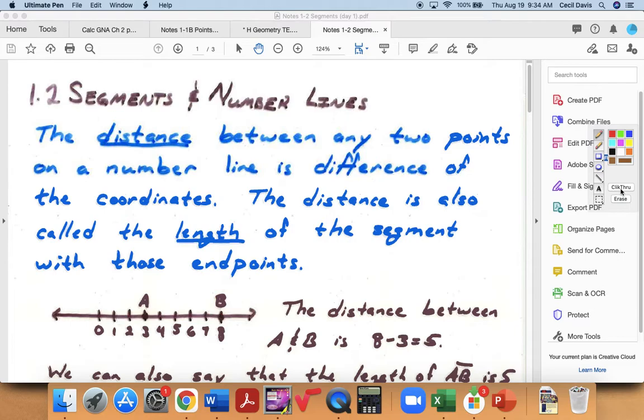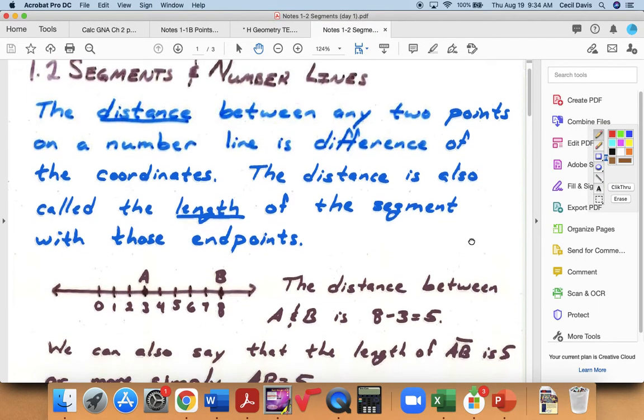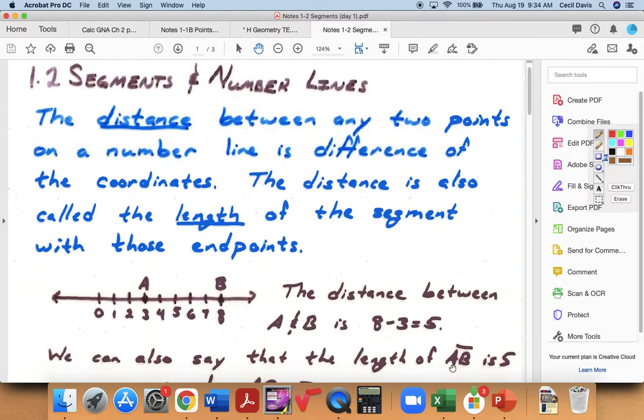Now, on this, we also can say then that the length of segment AB is 5. So the segment that goes from A to B, I'm going to draw it just slightly above the line so you can see it, has a length of 5. How do we write that?